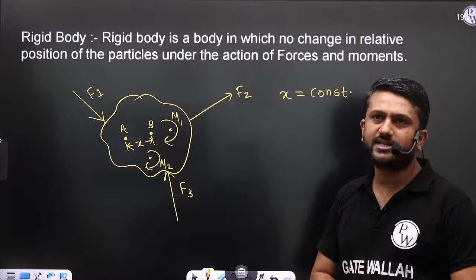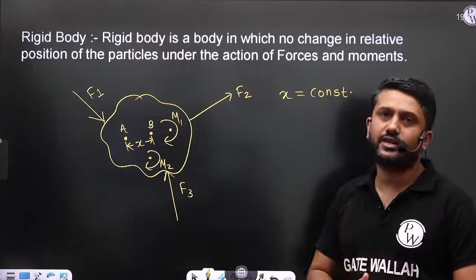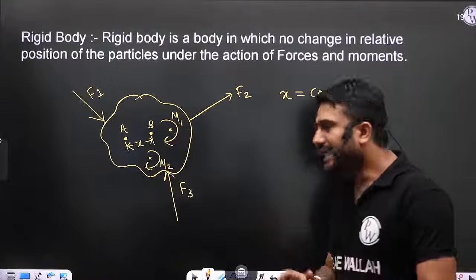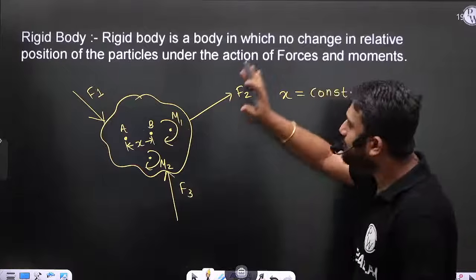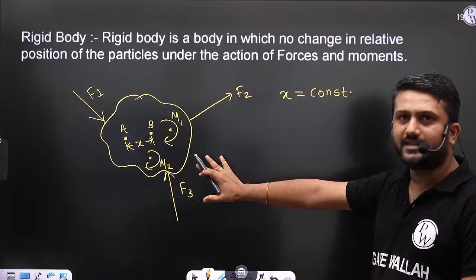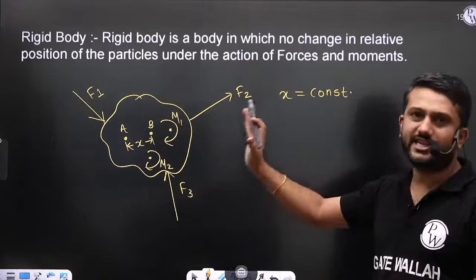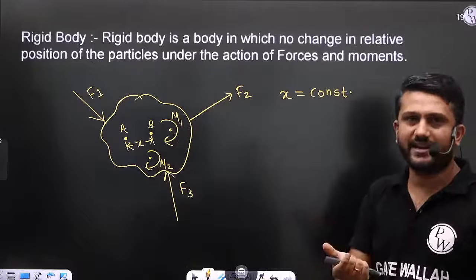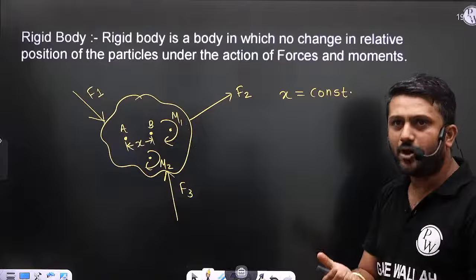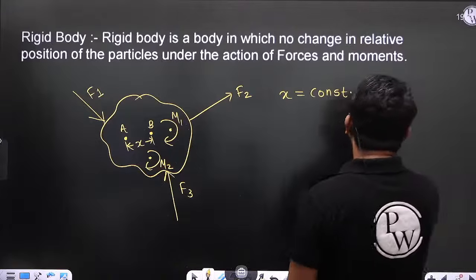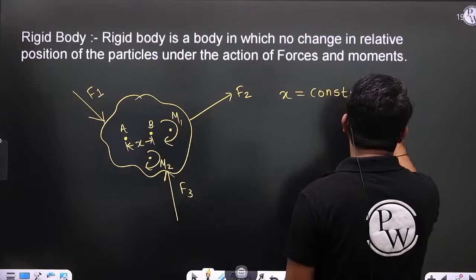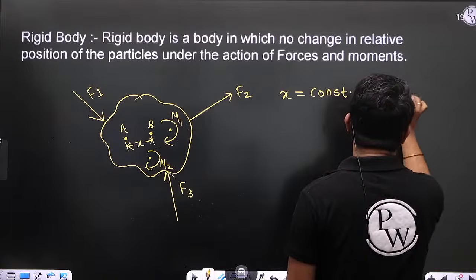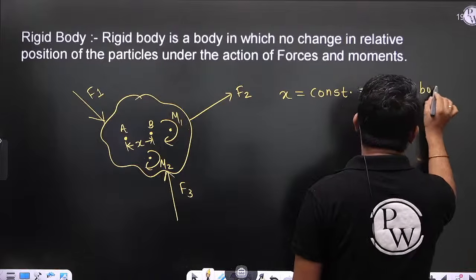Such type of body is known as the rigid body. So in case of the rigid body, the relative position of the two particles does not change. That means this x is always constant. Getting my point? So if x is constant, such type of body is known as the rigid body.